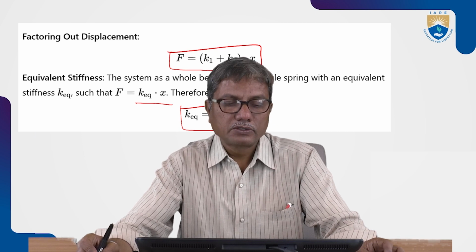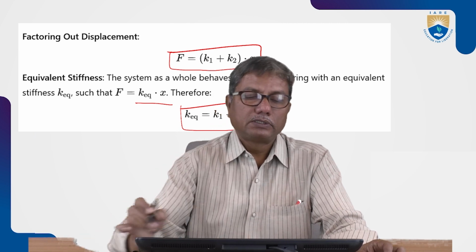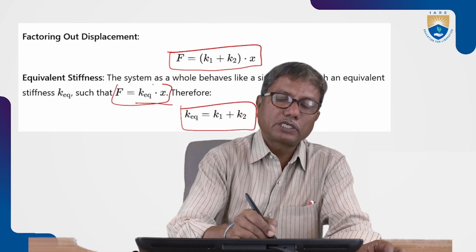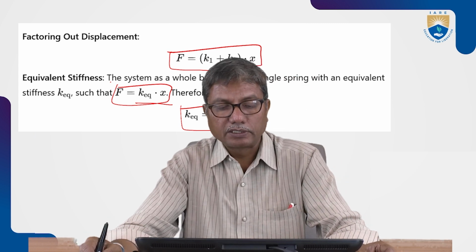So with the relation we have F equal to K equivalent into X.